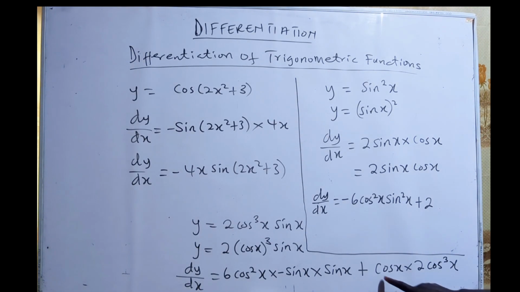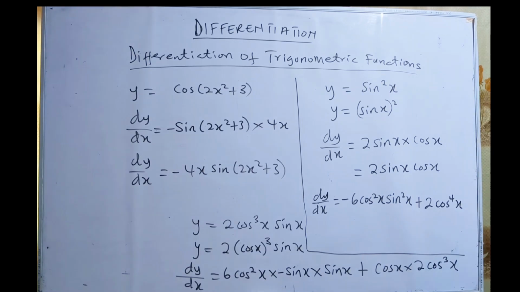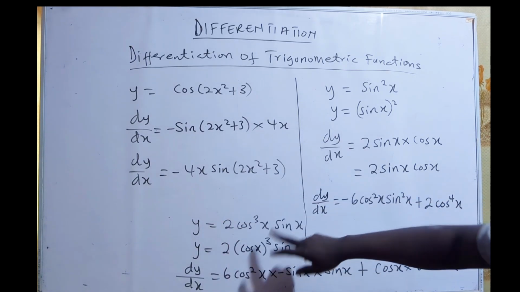Then take note that we have cos x here and cos cube x here. So cos cube x times cos x will give me cos to the power 4, since 1 plus 3 is 4. All right. So this is how your answer is going to be, by differentiating 2 cos cube x sine x.